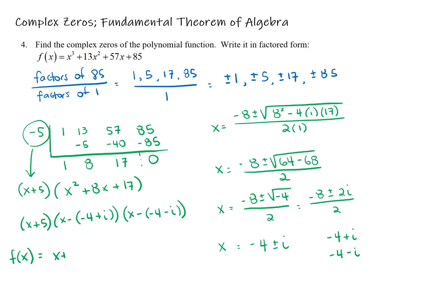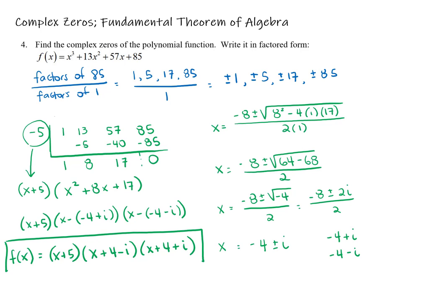I'm going to get x plus 5 as my first factor, x plus 4 minus i as my second factor, and x plus 4 plus i as my third factor, making sure to distribute that minus to everything in there. I should have 3 factors. You can see I do, and they're all linear factors because I need as many factors as the degree of the polynomial. This is a third degree polynomial, so I have 3 linear factors.